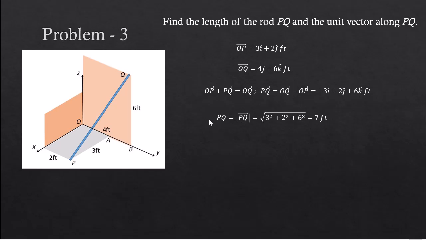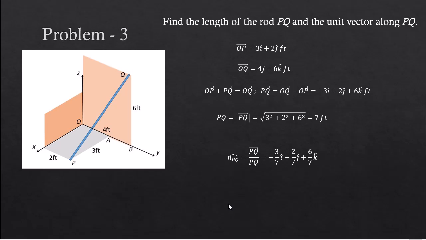We can find the magnitude of PQ by squaring all the components and adding them and then taking a square root, and so we get the length of the vector PQ as 7 feet.